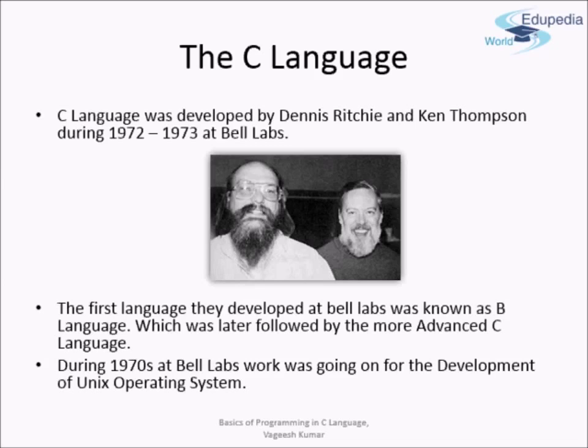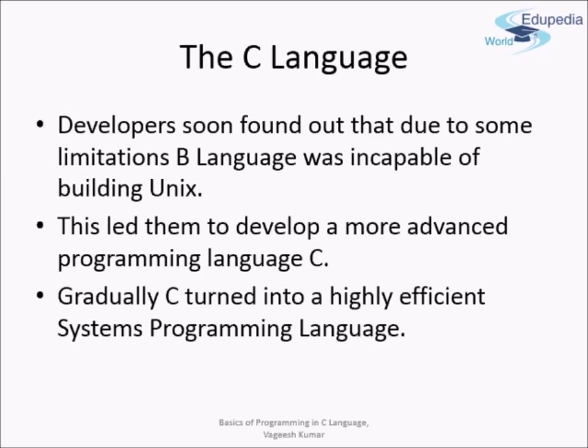So to solve this problem, they had to write a much more advanced language which was known as C language. So C, the name was just kept sequentially after B. And during the 1970s, they completed the work of Unix operating system, which was completely written in C language.